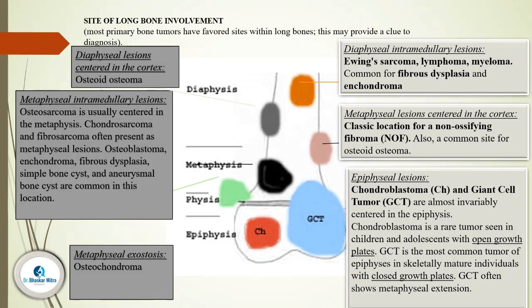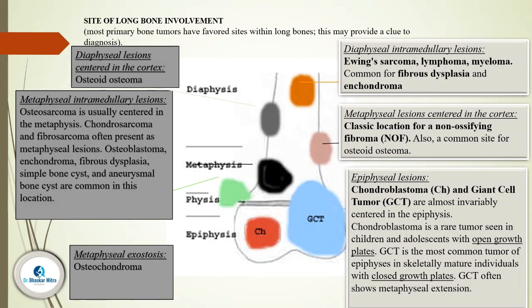Mostly the malignant tumors like osteosarcoma, chondrosarcoma, fibrosarcoma, and osteoblastoma are more prevalent on the metaphyseal part. Now for the epiphysis, there is a monopoly for the chondroblastoma, and another is the giant cell tumor of bone. It is more common on the epiphyseal part.